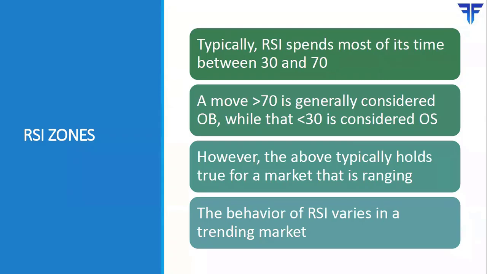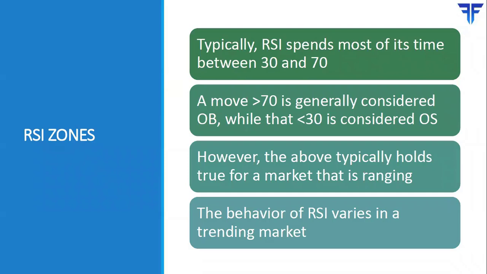Now, as you know from my webinars, from my last and this webinar so far, RSI typically tends to fluctuate within a band of 30 and 70. So whenever RSI drops below 30, it's considered oversold. And whenever RSI rises above 70, it's considered overbought.